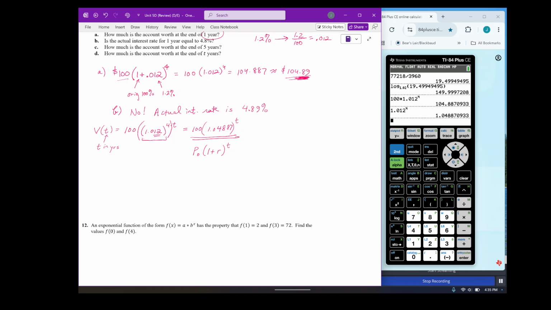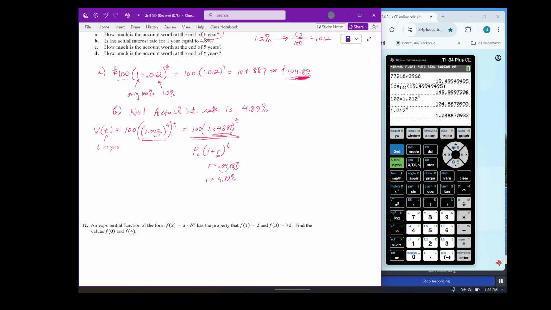Where T is in years. And this R right here would have to be 0.04887, which really means if I move that decimal over 2, multiply by 100 to get the percentage, the rate is 4.89%, because that 7 rounds that 8 up to a 9. Okay, so that's another way you could get it.